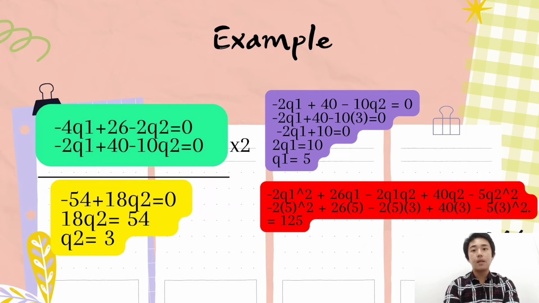When we input that, it becomes negative 2 times 5 squared plus 26 times 5 minus 2 times 5 times 3 plus 40 times 3 minus 5 times 3 squared. So that equals 125. So the maximum profit value is 125.